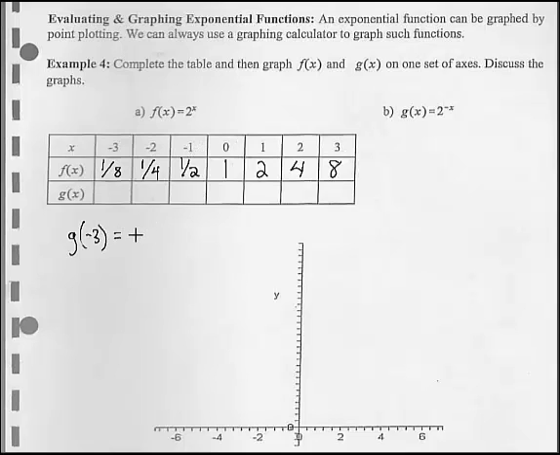G of negative 3 would be a 2. This negative comes from the function, and then I'm going to insert another negative from the input, so I have a minus minus 3 in the exponent. Minus minus 3 is a positive 3 in the superscript, so I have 2 to the positive 3, which is 8. Now I calculate g of negative 2, and so I have 2 to the minus minus 2, which is 2 squared, which is 4.